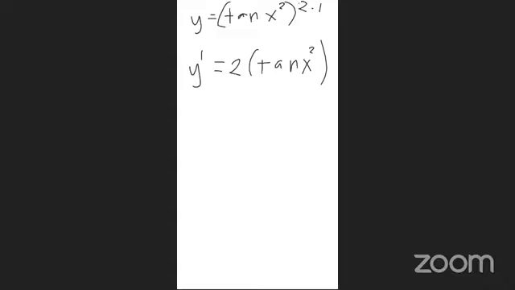So, may derivative sa tan x squared. So, sec squared u. So, y prime is equals to 2 tan x squared times sec x squared times 2x na sad.